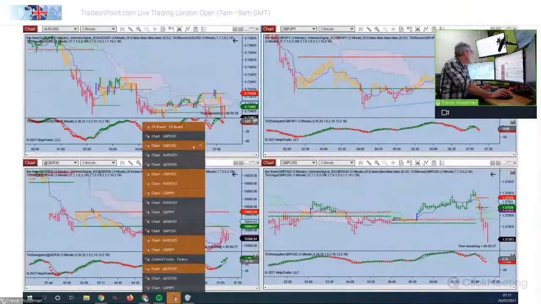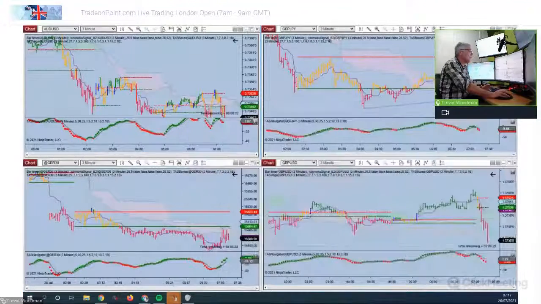Let me find my control center in amongst all of this. There we go. From time to time, you will see me looking up. What that is, basically, is I am looking at other screens. I just want to clear all my P&L for the day.